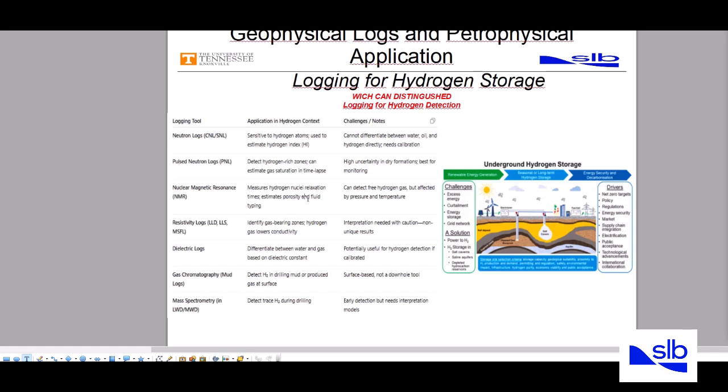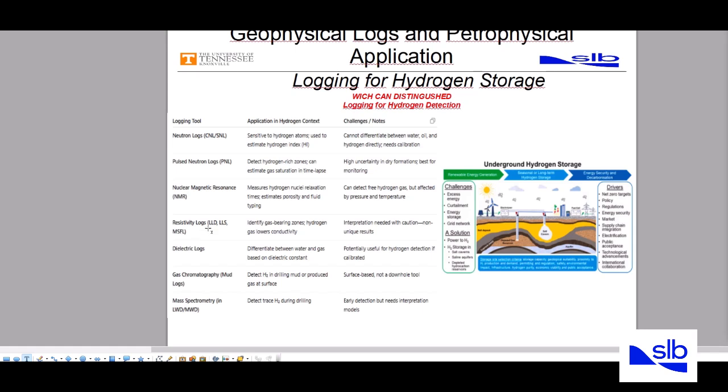So we can easily detect the presence of free hydrogen gas, and it is the principal technique to use in hydrogen exploration, but it can have some errors in the estimation of the total volume of hydrogen gas, affected by pressure and temperature.